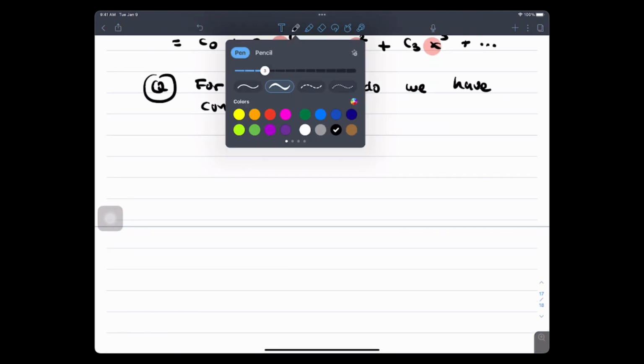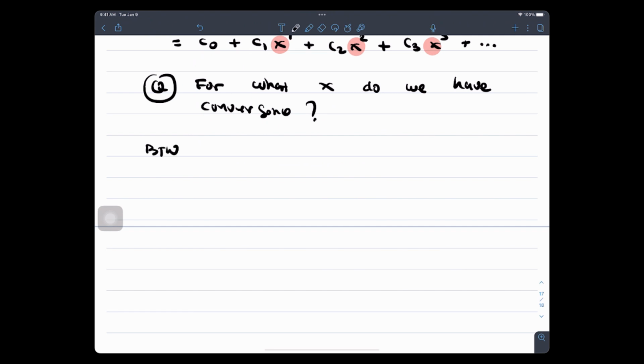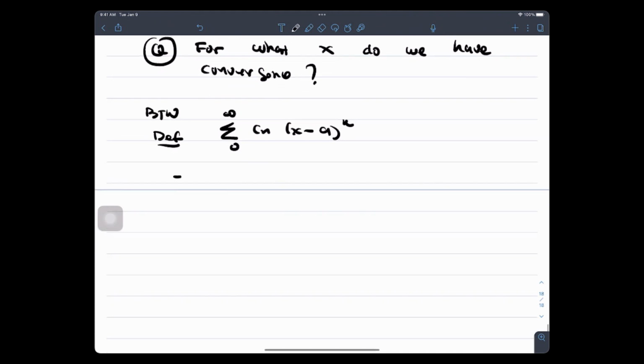You also have, by the way, another similar definition. It looks like this, and you say, what is this one? We've seen these before. I'm going to remind you guys. You have Cn times (x minus a) to the n, where if you start to look at the terms, you have C naught, C1 (x minus a) to the first, C2 (x minus a) squared, C3 (x minus a) to the cube power.